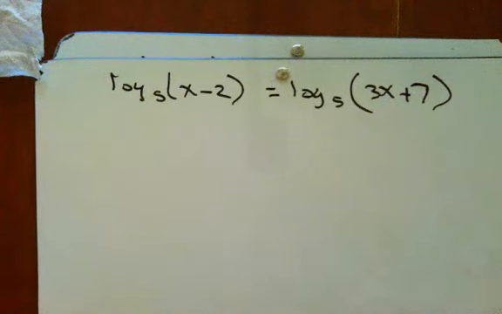Log base 5 of x minus 2 equals log base 5 of 3x plus 7. I don't care if you exponentiate or use the one-to-one property here.